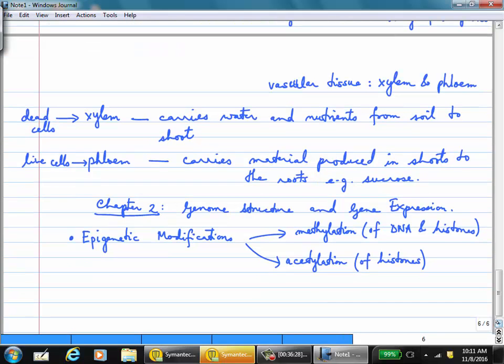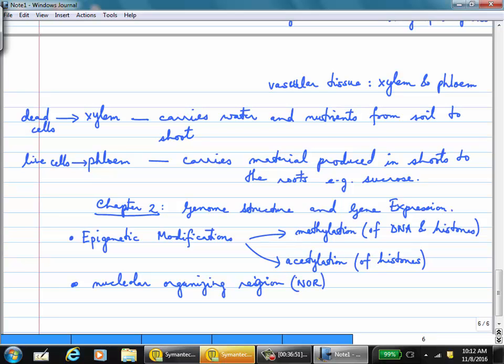Okay. Now the second thing I want to introduce is just some terminology which I have not discussed before. There is a region in the genome that is called the nucleolar organizing region, or NOR.